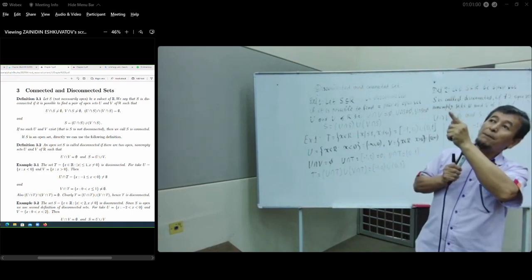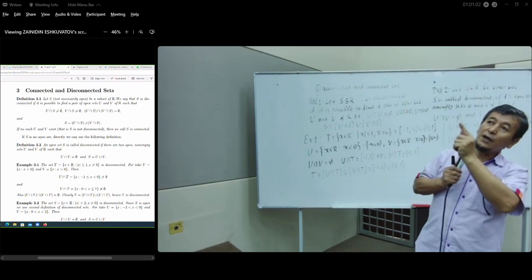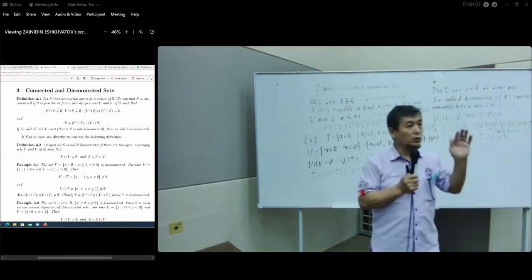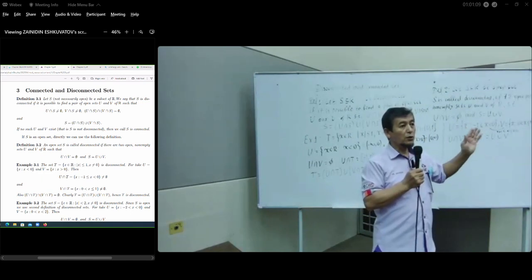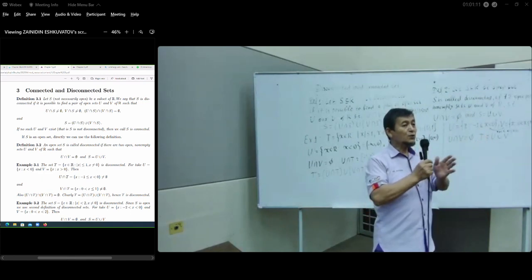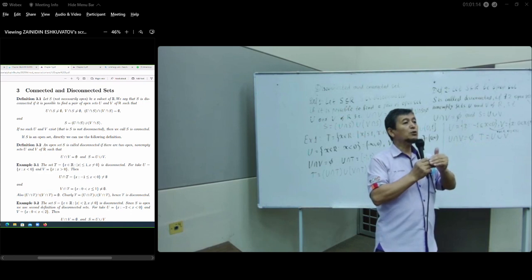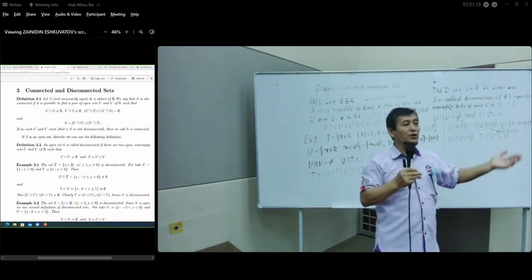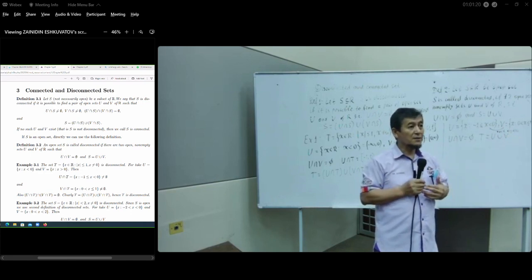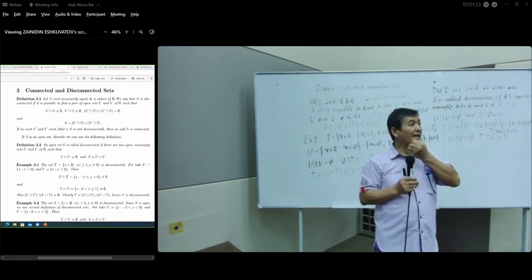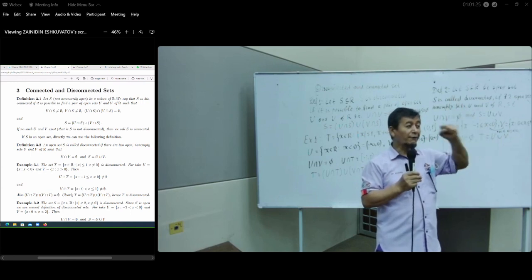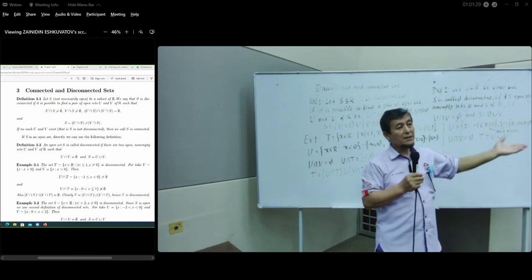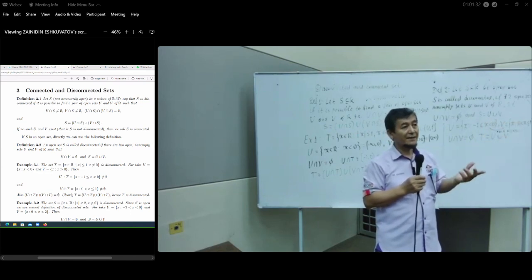If there are two non-empty open sets U and V of R such that the intersection is empty and S equals U union V. In other words, we should be able to divide the interval into 2 or 3 and so on intervals. Okay, so in other words, from the interval, if we subtract some points, that type of set is a disconnected set.